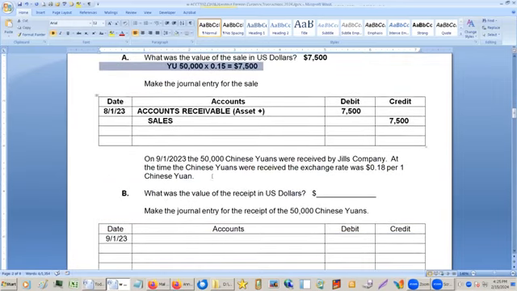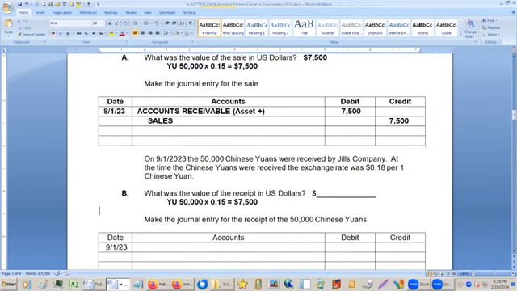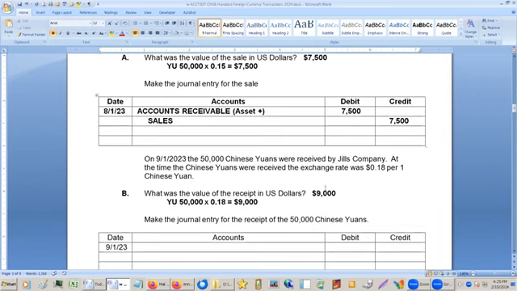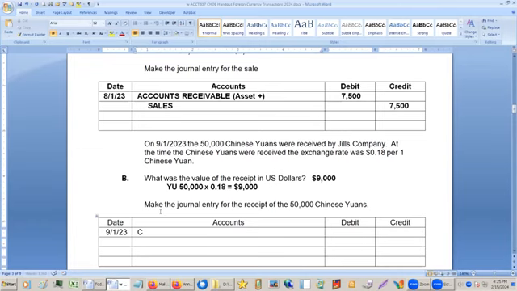So when we actually got this, it was 0.18. It's 9,000. Okay, so this would be cash.